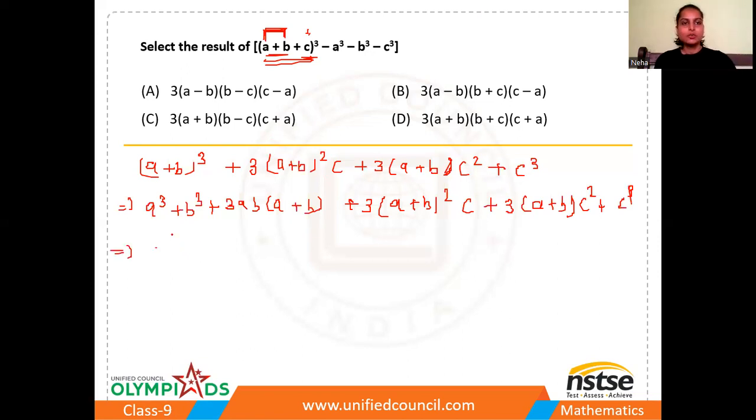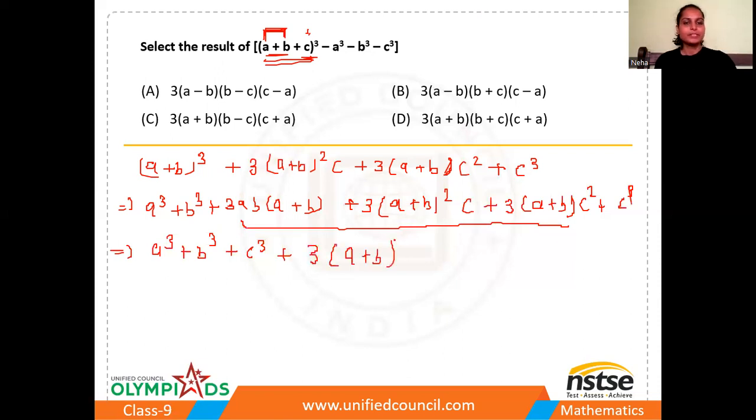And from these terms, can I take 3 into a plus b as common, right? Now it becomes ab plus bc plus ca plus c square, right?